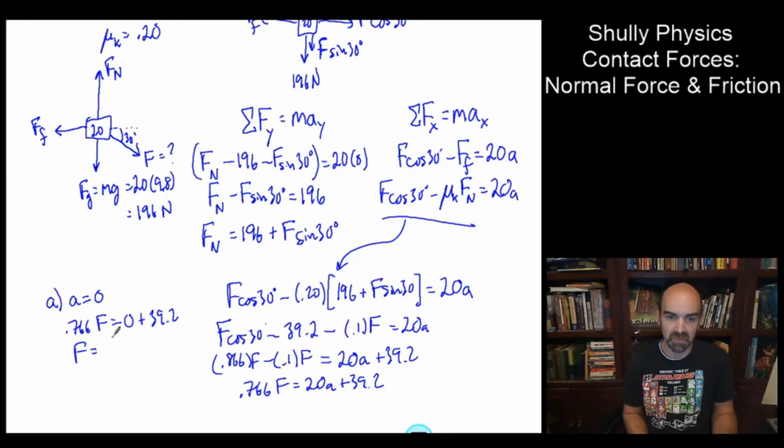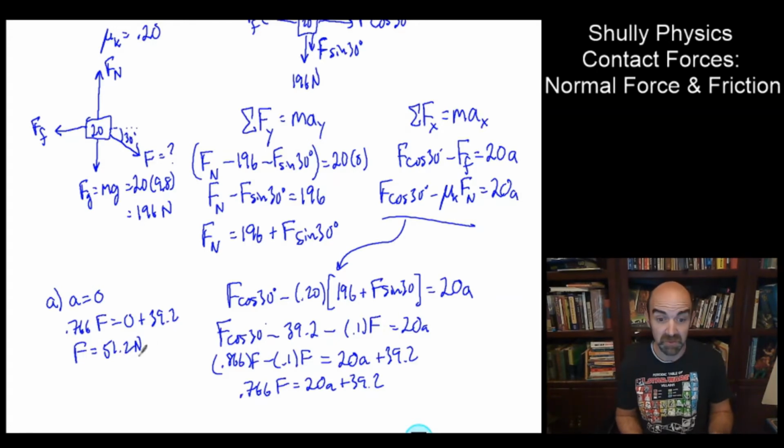Look how easy that is in the end. 39.2 divided by 0.766. Easy meaning it's reduced down to something pretty simple. Just use the system of equations together. We got 51.2 newtons. Or if you use sig figs, probably about 51 newtons.